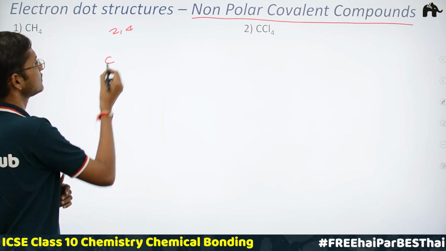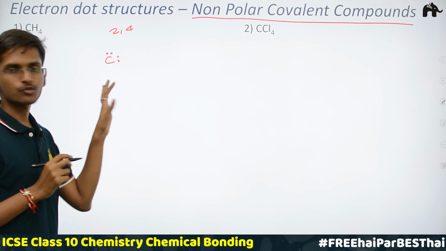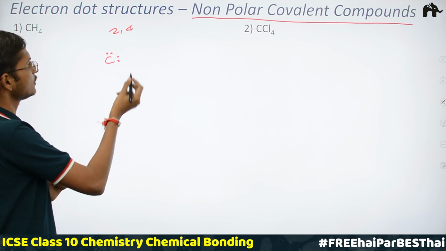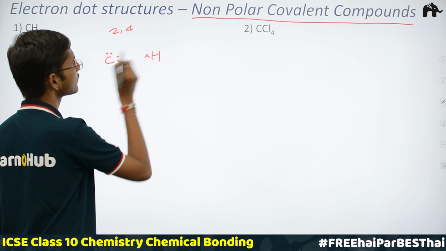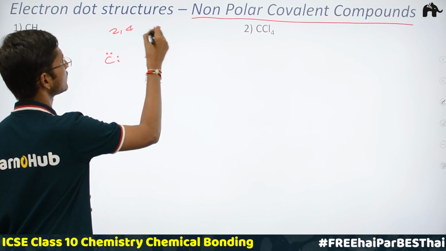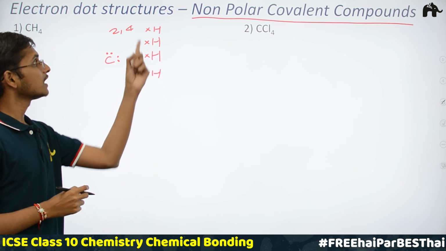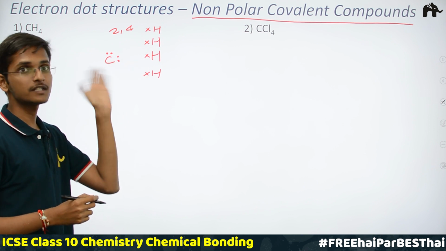So see, I have drawn the 1 2 3 4 electrons in its outermost shell in this way. Now there are 4 hydrogen atoms, and they have 1 electron each, right? So this hydrogen 1 electron, this hydrogen 1 electron, this hydrogen 1 electron. Now see, I have taken care of one thing: I have represented the electrons of different atoms with different symbols.